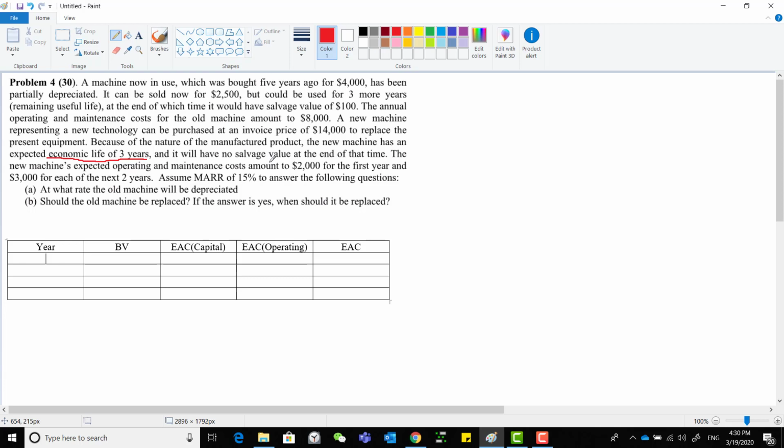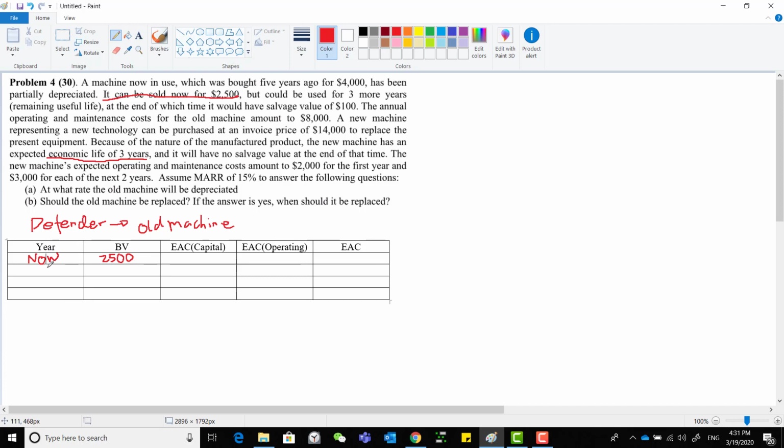The question is asking what the depreciation rate of the old machine is, and whether the old machine should be replaced. So we have our defender, that's the old machine. If I try to fill this table, this machine is worth $2,500, as given in the question.